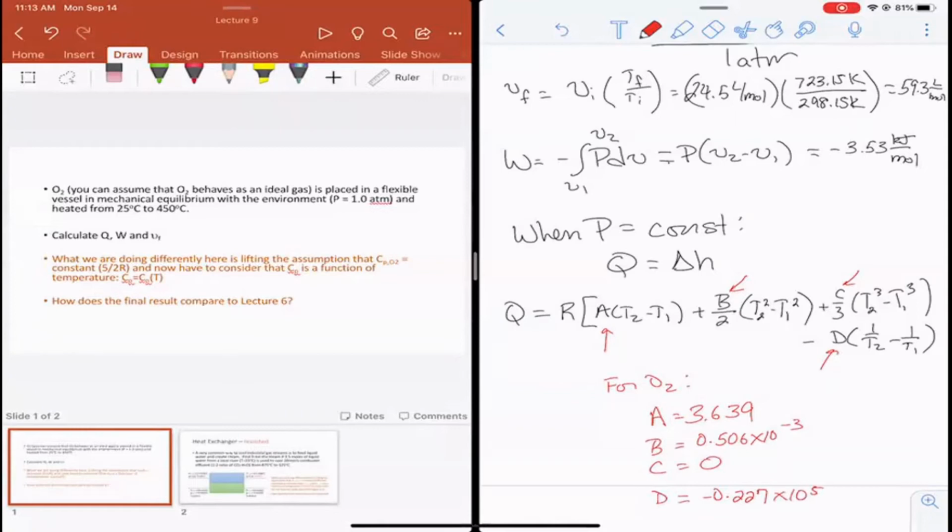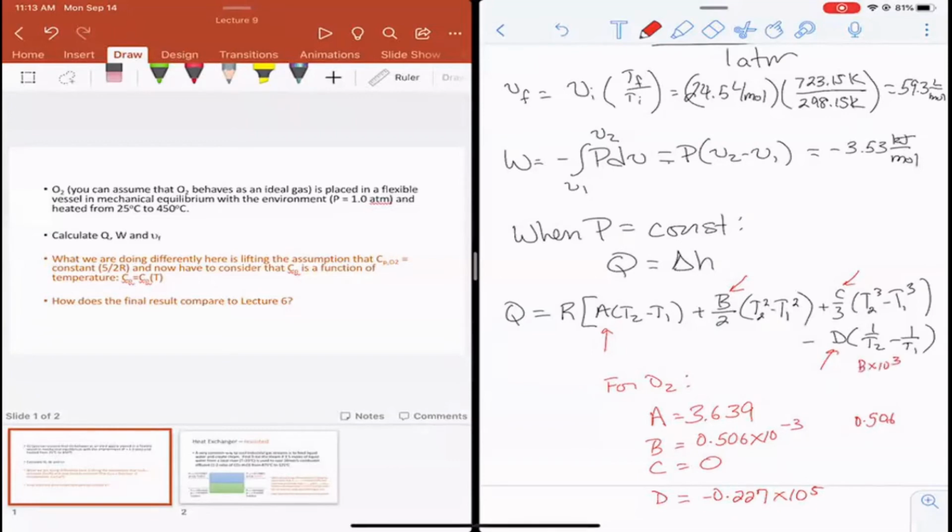And one of the things I would like you guys to do sometime after lecture today is to go into the appendix and see how these constants are reported. You'll notice that in the table, this will be listed as 0.506, and above it in the column, it'll say B times 10 to the 3rd.